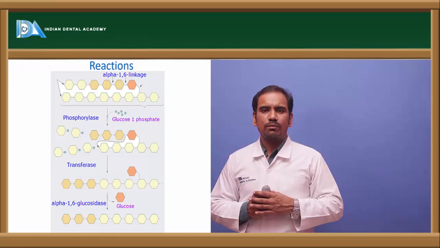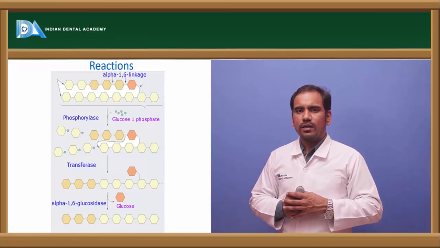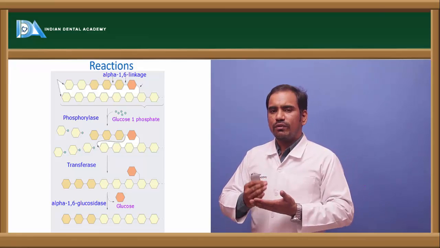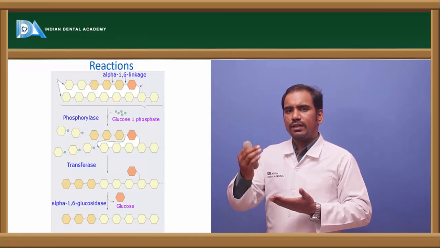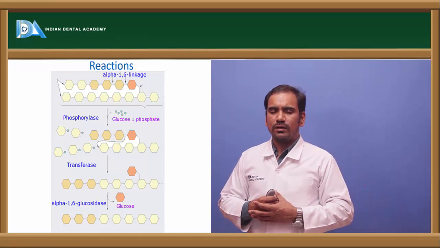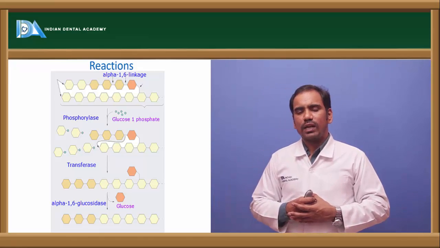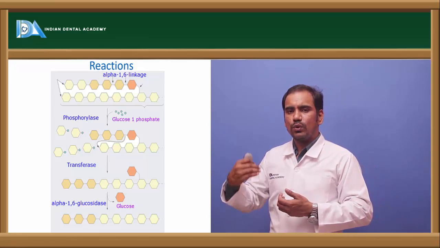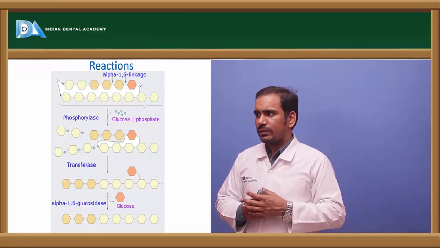This is the key enzyme of glycogenolysis. Whenever it acts on glycogen, it releases one glucose unit in the form of glucose 1-phosphate. So it releases the glucose units as glucose 1-phosphate.